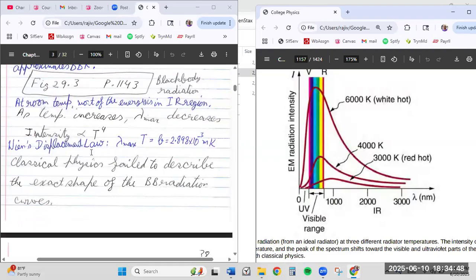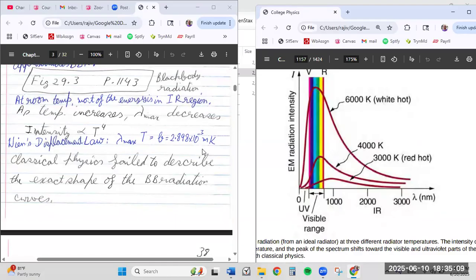Wien's displacement law gives us the dependence between lambda max and the temperature. It basically says that the product of lambda max and temperature is a constant. That constant is represented by lowercase b, and has a value of about 2.898 times 10 to the negative 3 meter Kelvin.